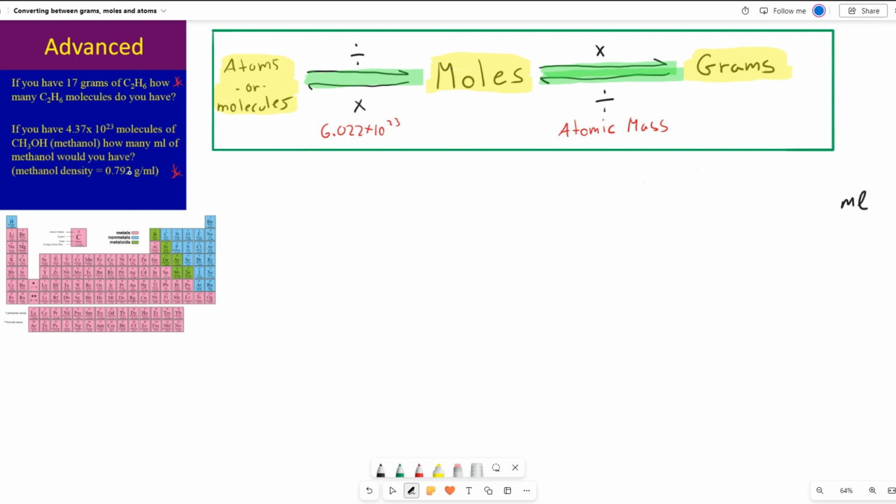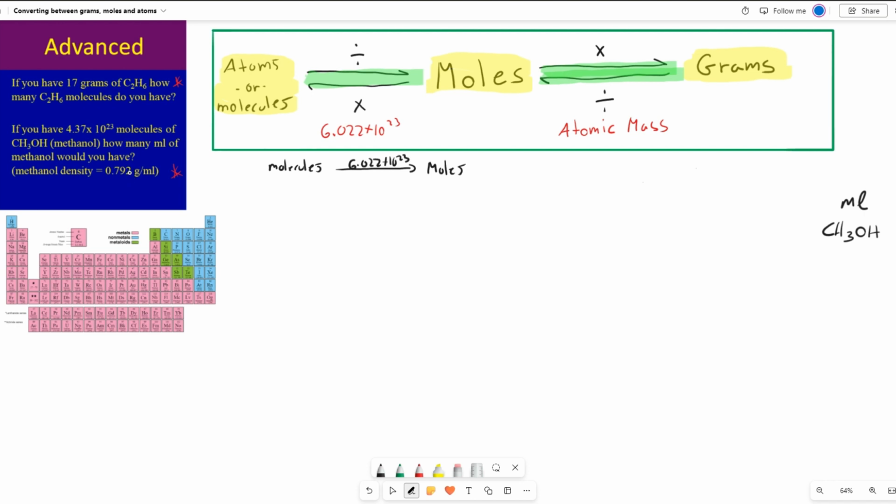So we're going to find milliliters, and this is going to be milliliters of methanol, CH3OH. So if we just kind of draw a little diagram up here of what we're going to be doing, we're going to go from molecules, and then we're going to go from molecules to moles, and that's going to be using Avogadro's number.